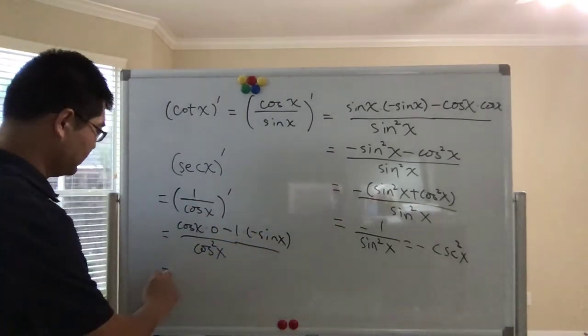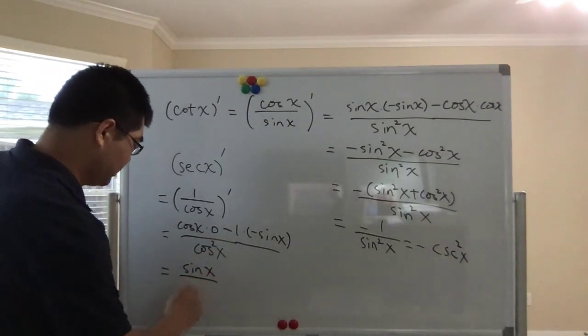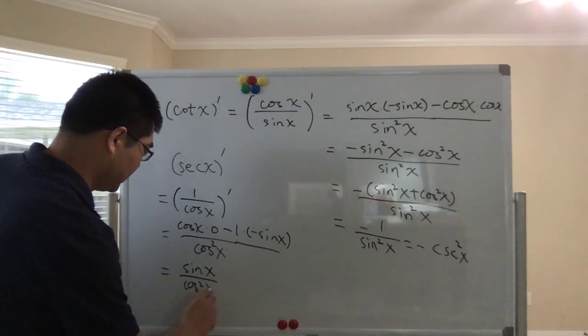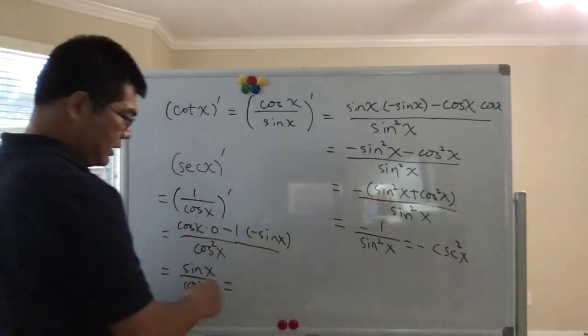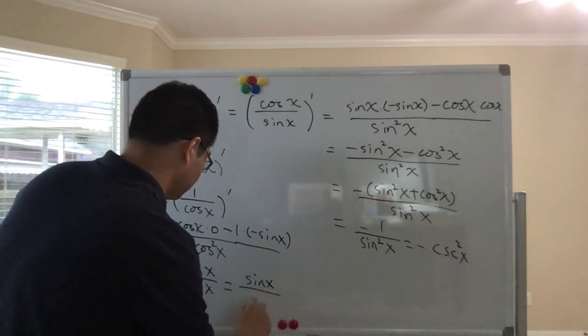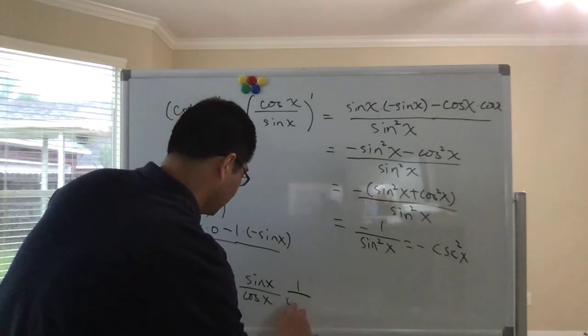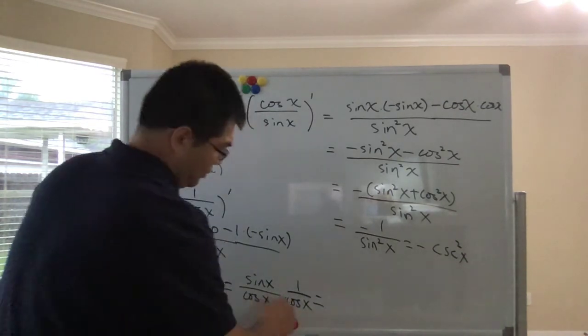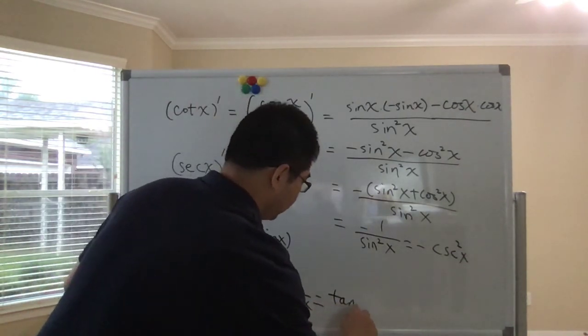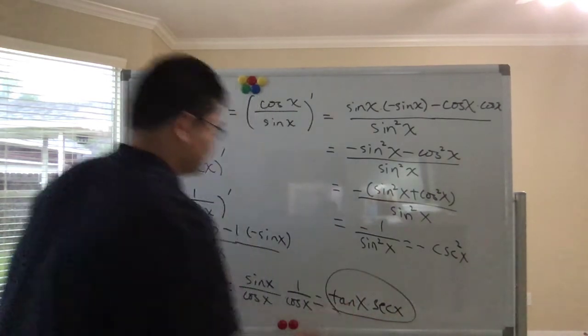This is what we have: sine of x over cosine squared of x. And you see this actually equals tan of x times secant x. So that's the derivative.